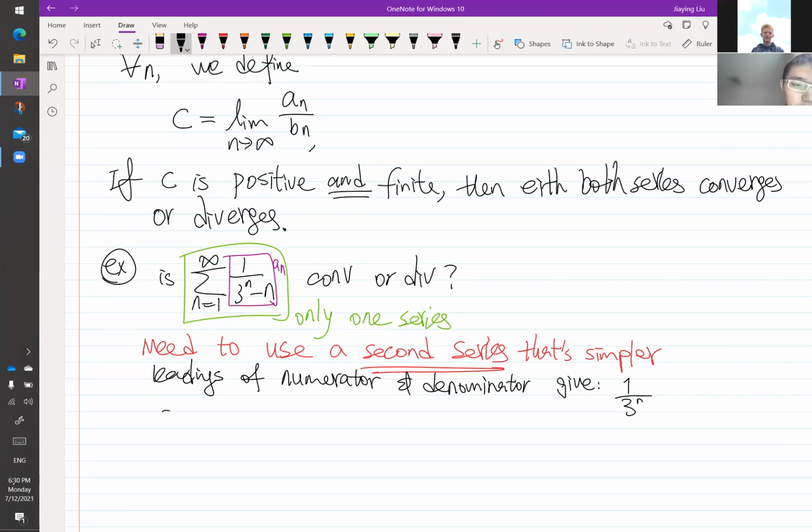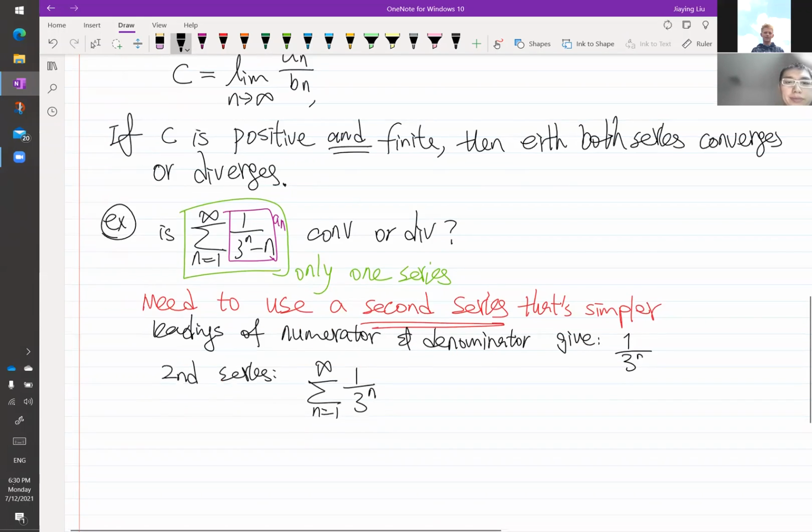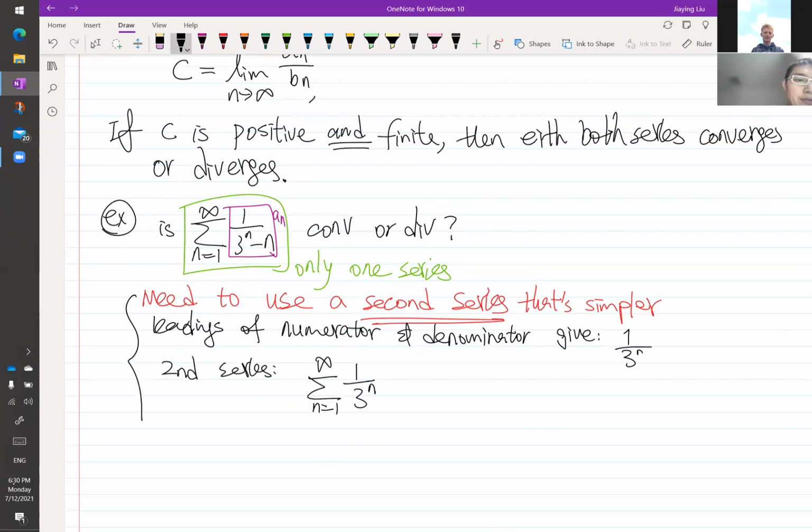So the second series in this example will just be the series from n equals 1 to infinity of 1 over 3^n. This will be the second series that we need in order to use this comparison test. So that's the first step: to find the second series that's convenient to use.